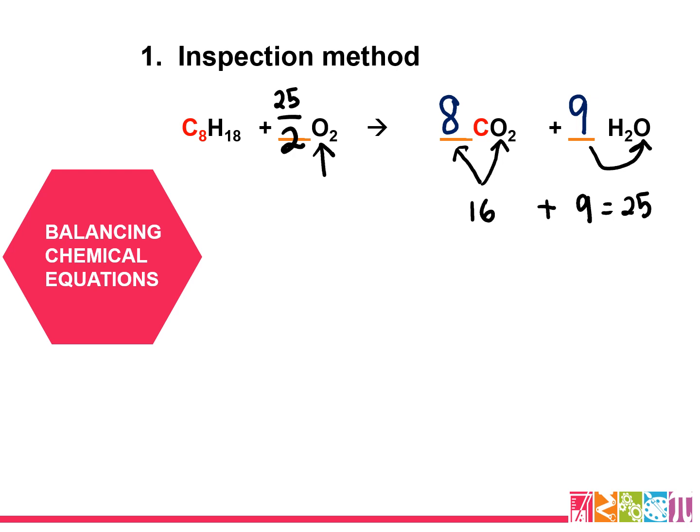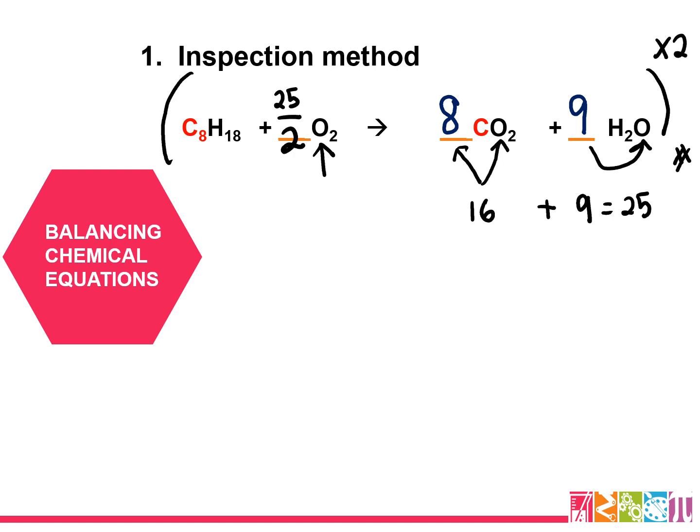You can submit the final answer like this, but usually chemistry lecturers do not like to see it in fraction form. Same during your SPM, your school teacher has said that if there is a fraction number, we multiply by any integer to get the whole number. That's why this equation is multiplied by 2.